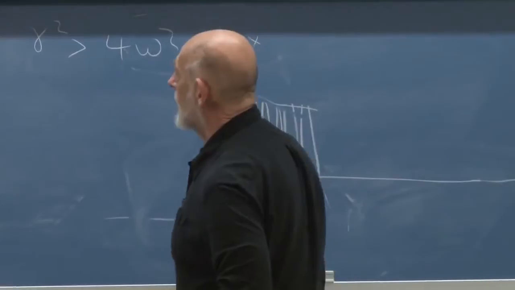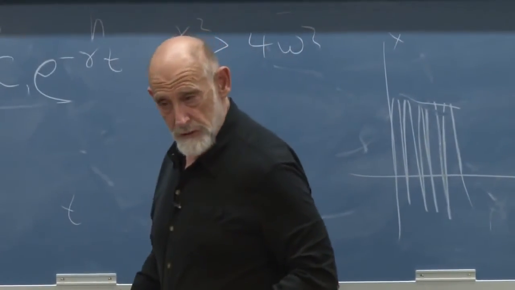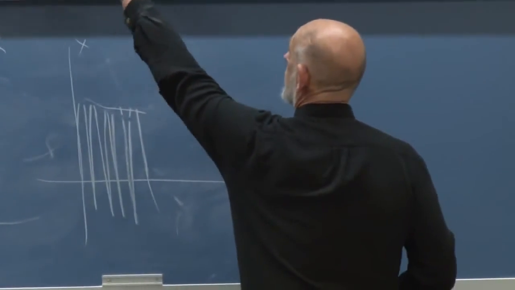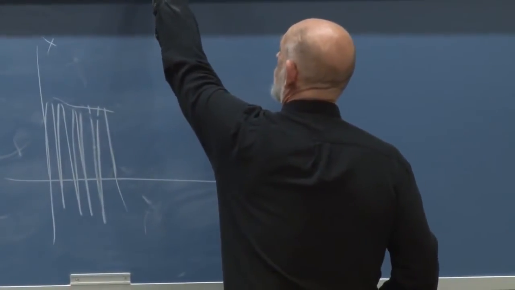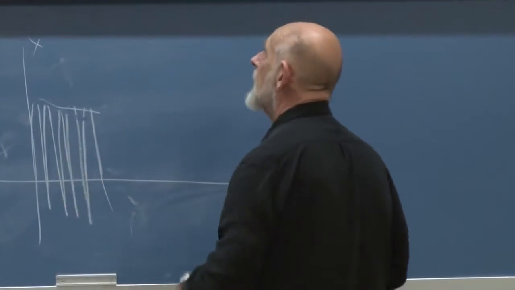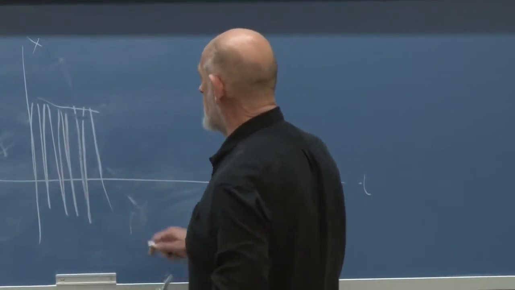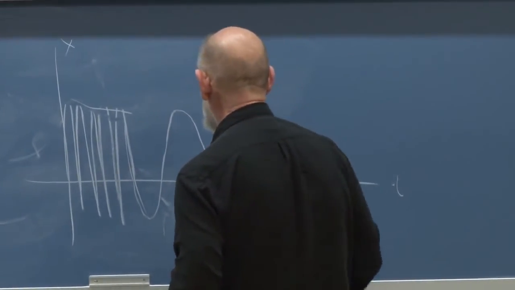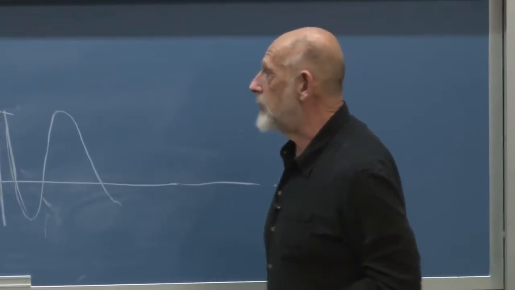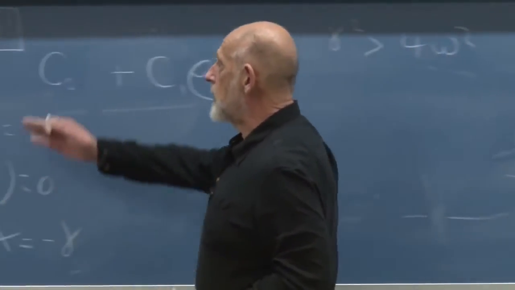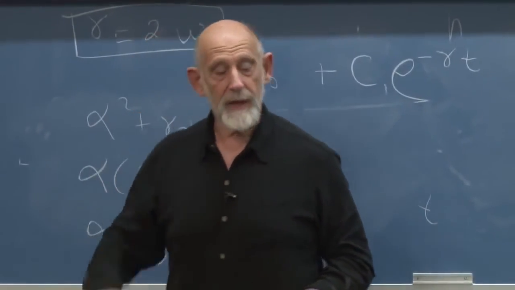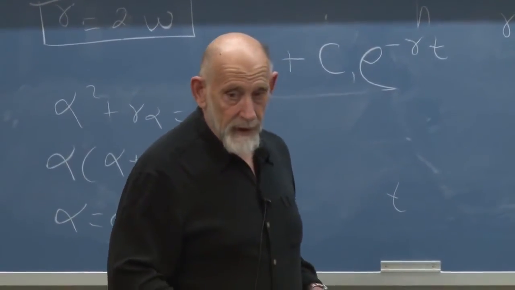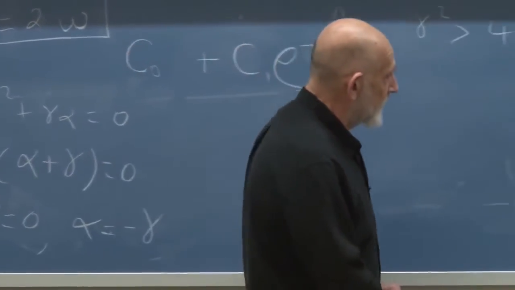As gamma gets stronger, the frequency decreases. Remember the formula for the real frequency here has 4 omega squared minus gamma squared. So as gamma increases, the frequency starts to decrease. Eventually we get to the point where gamma is equal to 2 omega. Omega is decreasing, and then beyond that, it's overdamped.